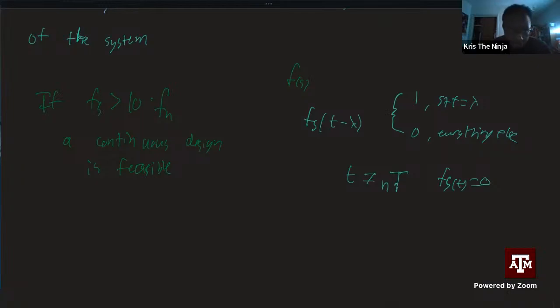So for example, let's say we have (s plus 5) over (s plus 10) times u equals y.